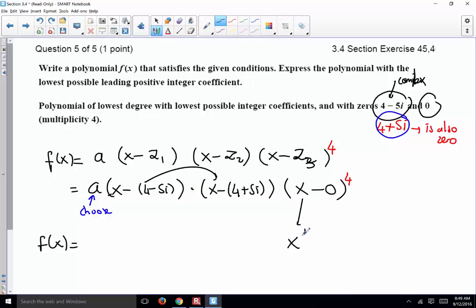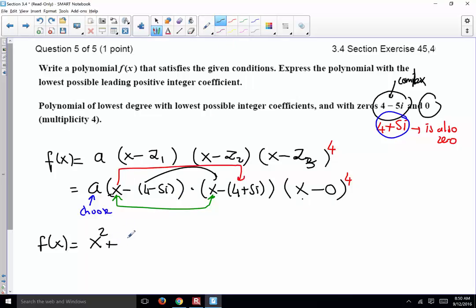This is x to the 4th. So how do you multiply such a thing? Let me multiply here. Okay, I will FOIL it. F, first terms, x squared, right? O, outside terms, x with this parentheses.